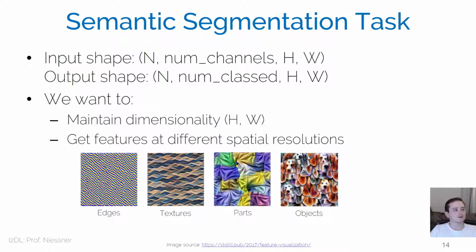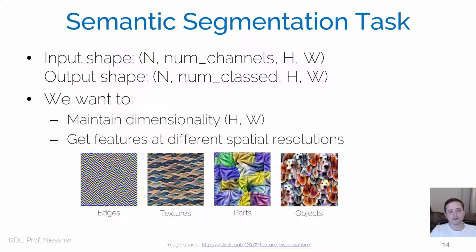All right, so as I said earlier, we have an input that's usually RGB, so you would have the batch size, usually 3 here for the 3 RGB channels, and the output will have the same spatial dimension, and here you will just have the number of classes.